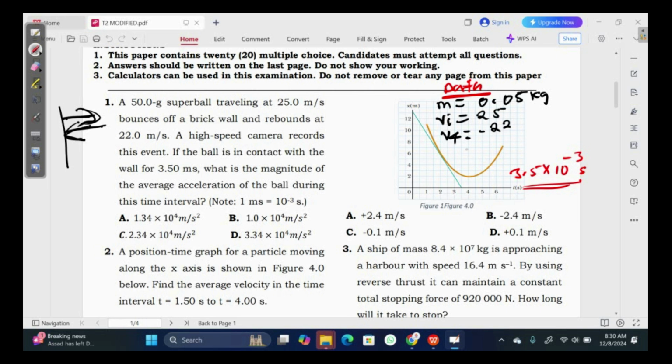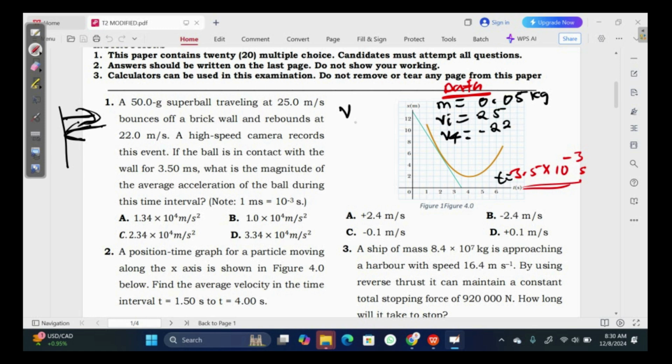The time we have is this one. Now, the question is, they want us to find the acceleration. So let's go.